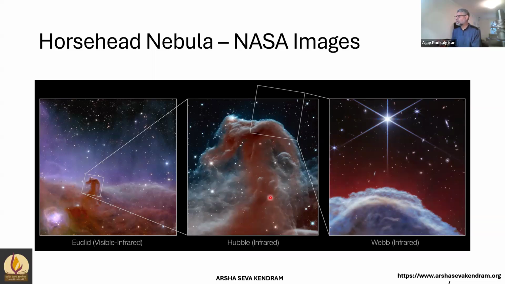And there is an even more zoomed-in view of the upper region captured by the James Webb telescope, I think just a few months ago. So this is the general nature of the Horsehead Nebula and the general area of the birthplace of stars.